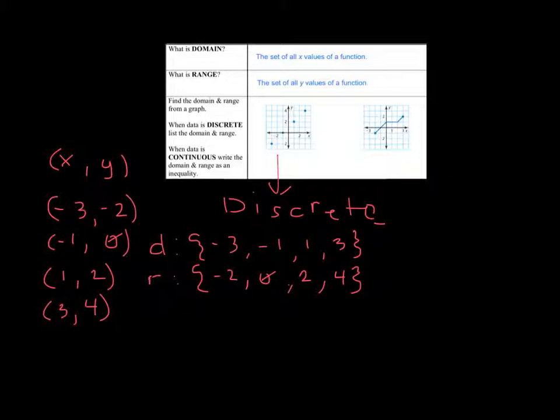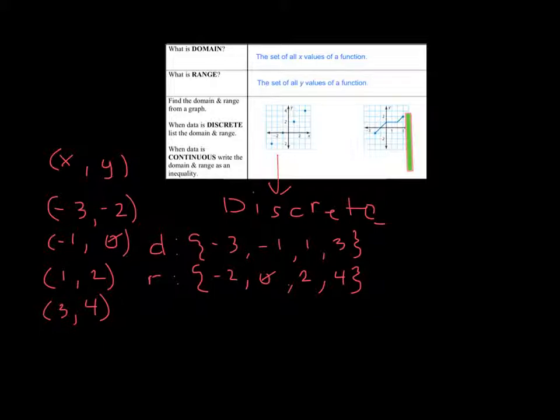If you look at that point right there, you can see that the x value on it would be -2. And you can see over here that my rightmost point, its x coordinate would be 3.